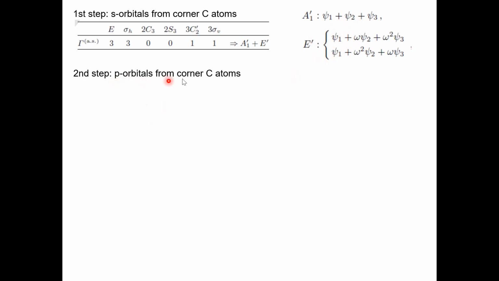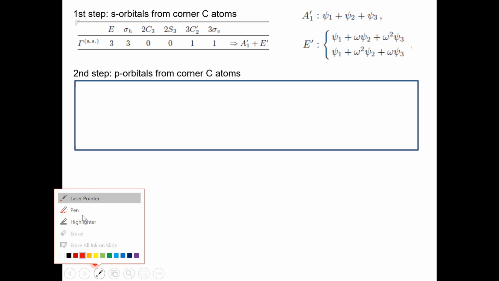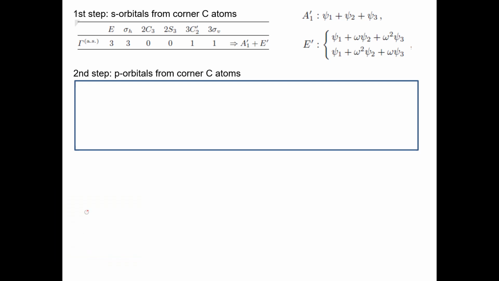How about the P orbitals from corner carbon atoms now? For P orbitals, as we have discussed, I have to make the direct product between the equivalence representation and the vector representation.